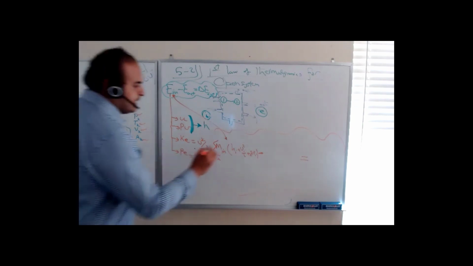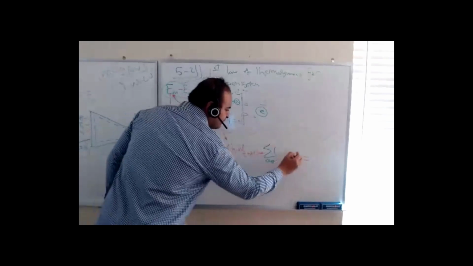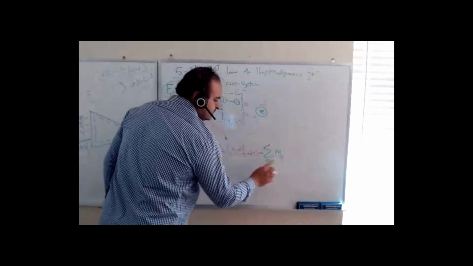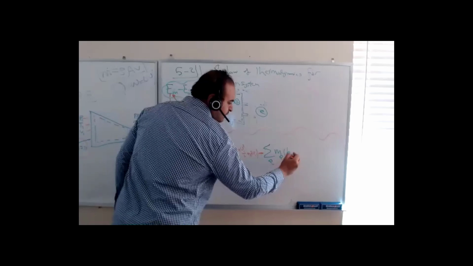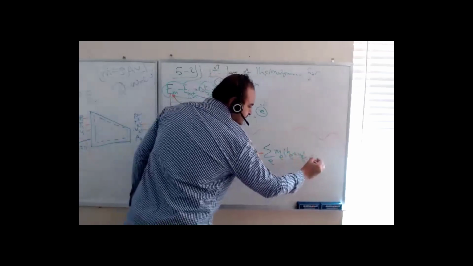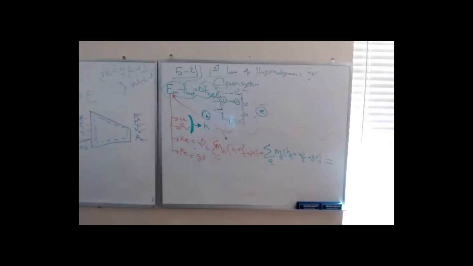Great. So minus sigma of what? The same thing, but for output. What is output? Mass exit times h exit plus V exit squared over 2 plus gz exit equals everything going out.